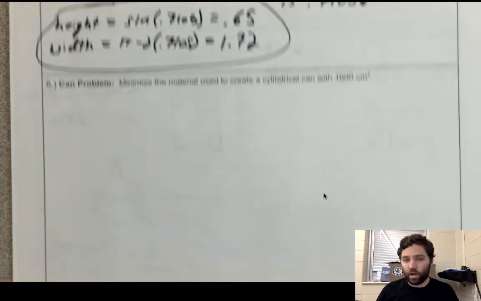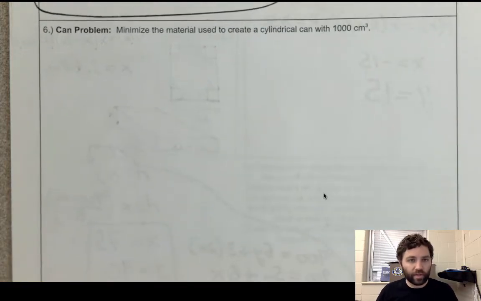Okay, let's go on to the can problem. Here's our goal in the can problem. We are trying to minimize the material used to create a cylindrical can that is 1,000 cubic centimeters. Hopefully it makes sense that we can vary the height of the can.